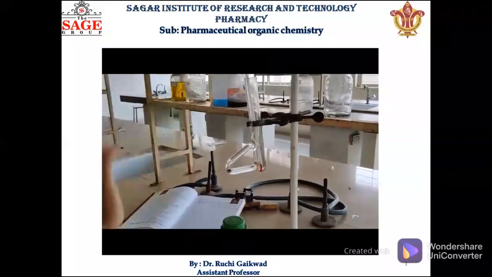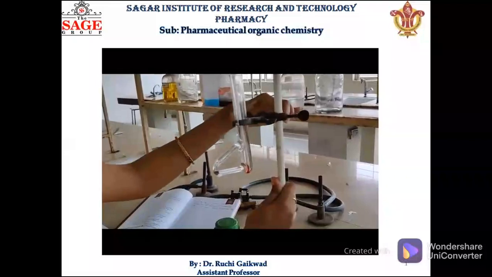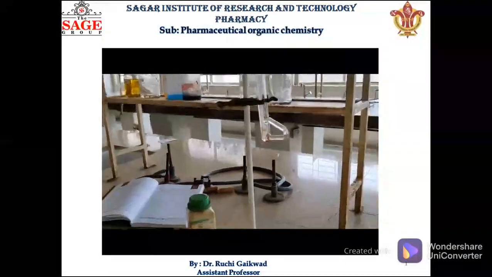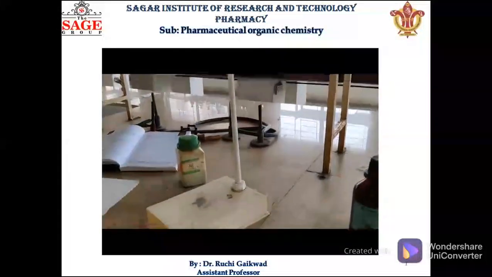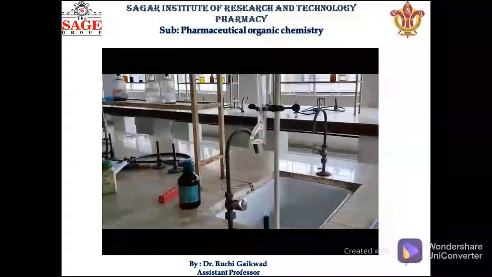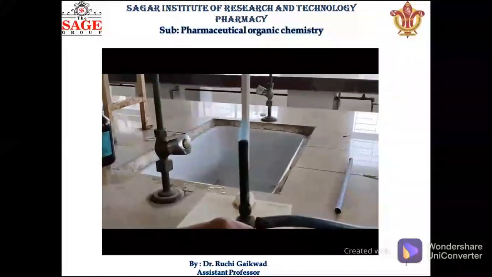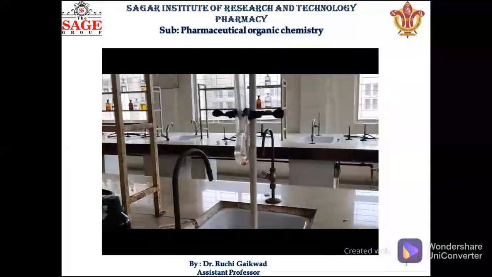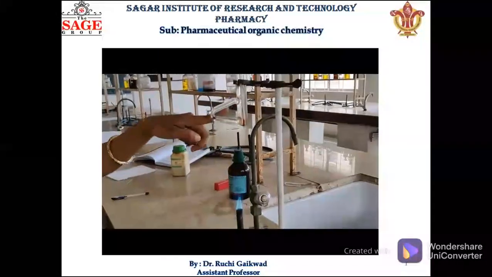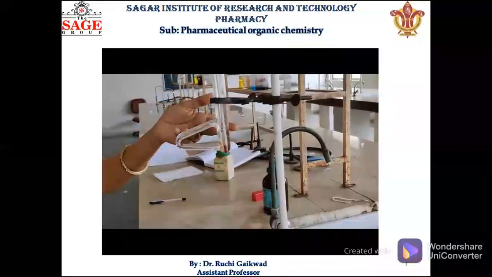So now what will we do? Now we will heat this Thiele tube. We have to heat the Thiele tube, or heat the sample, and observe the sample, when the solid is converted into the liquid form.